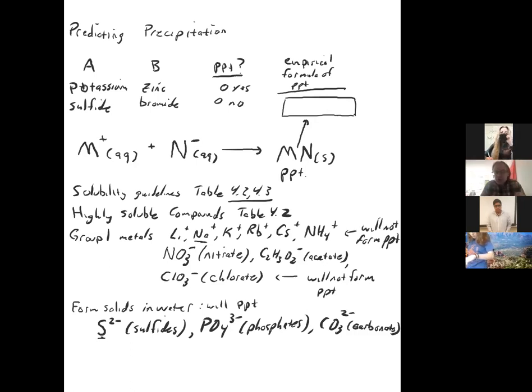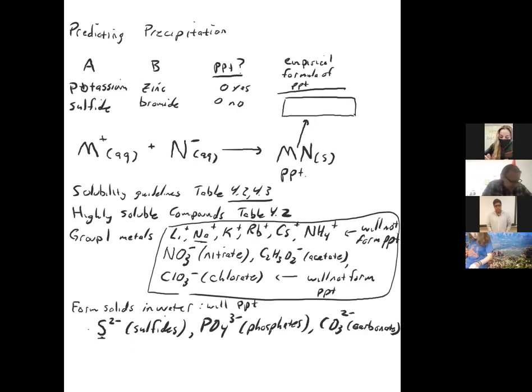The way it resolves itself is these ones always take precedent over these ones. So priority is with these ones. So if you have, for example, lithium with phosphate, it will not precipitate. If you have cesium with carbonate, it will not precipitate. So you always pick these ones up here first, if there's a contradiction.